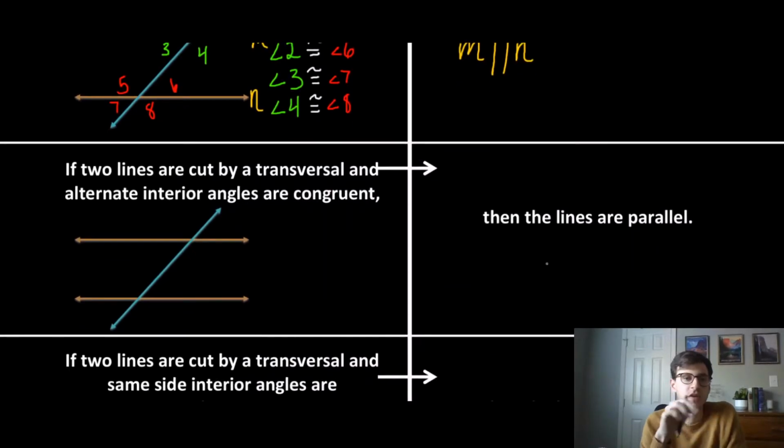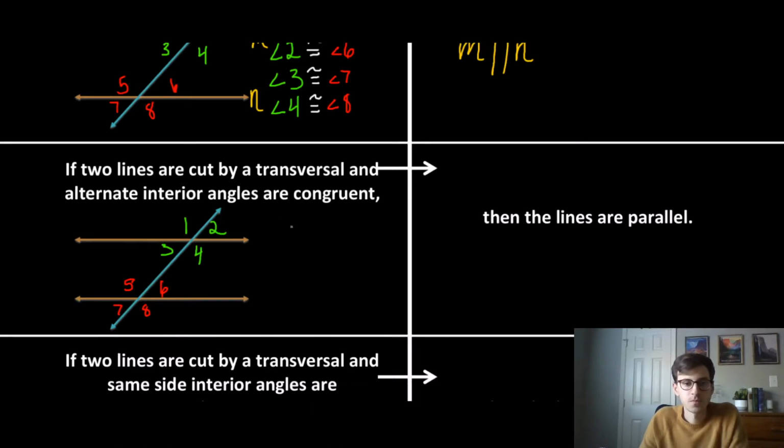If we've got two lines cut by a transversal and alternate interior angles are congruent. So this is kind of like the last time. We've got 1, 2, 3, 4, 5, 6, 7, 8.